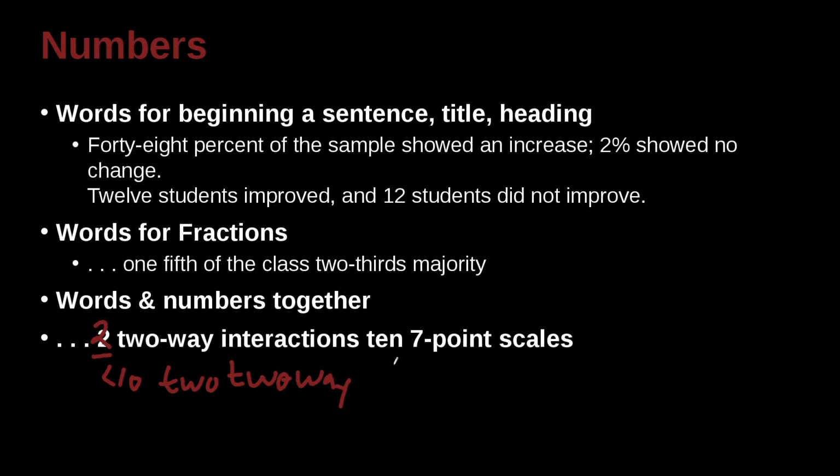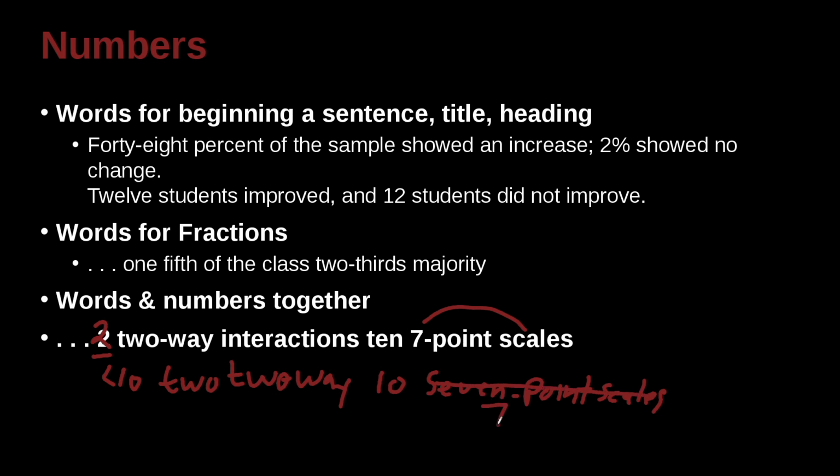And the same is the case here. Now, in this case, we could say 10 7-point scales. Right? That would be another way to write it. But in this case, because it's a scale and it's on a series, remember we said that scales, you should use the number, not spell it out.